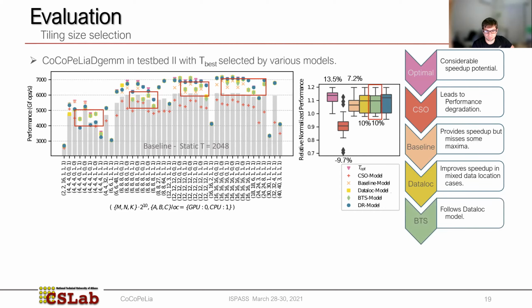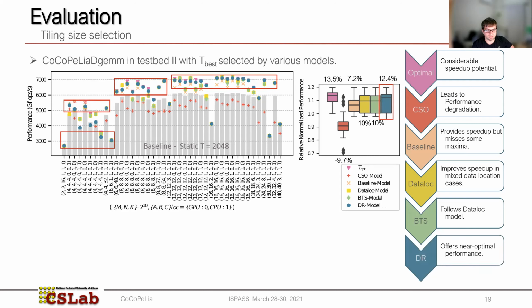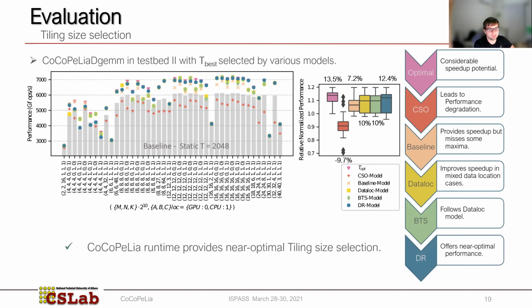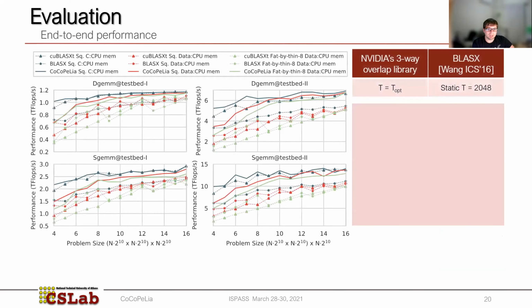And the BTS model follows it, since the explored dgemm case has very low device-to-host transfers and therefore very limited bidirectional overlap. Finally, the DR model offers 12.4% speedup, which is very close to the optimal selection, and we can conclude that CoCoPeLia runtime provides near optimal tiling size selection.